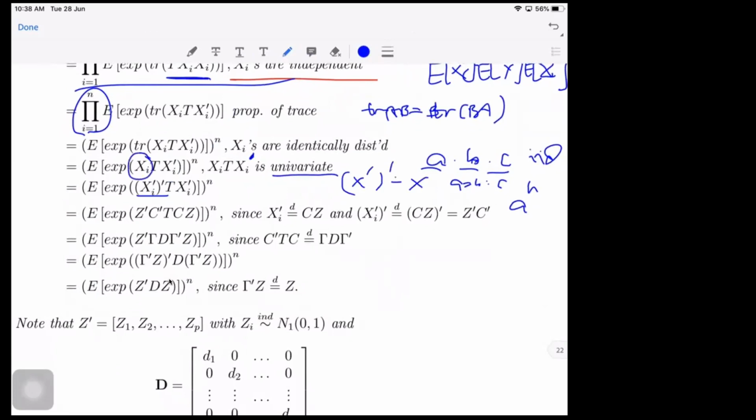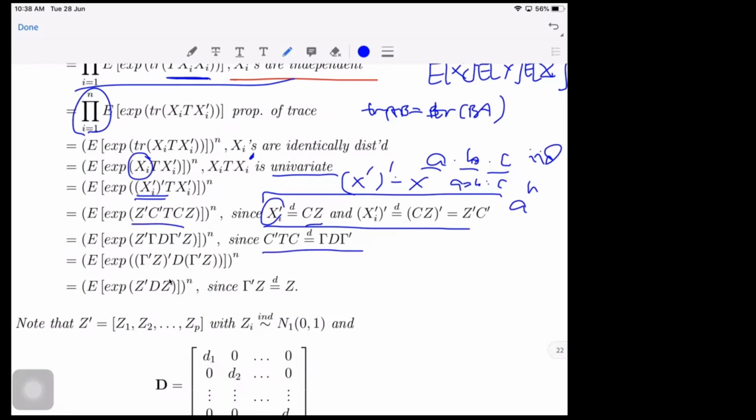So this xi here can be written as x prime prime. And then since we have shown that the following has more or less the same distribution, you can substitute the x's here by CZ. So they are equivalent in distribution, so you can substitute it there.